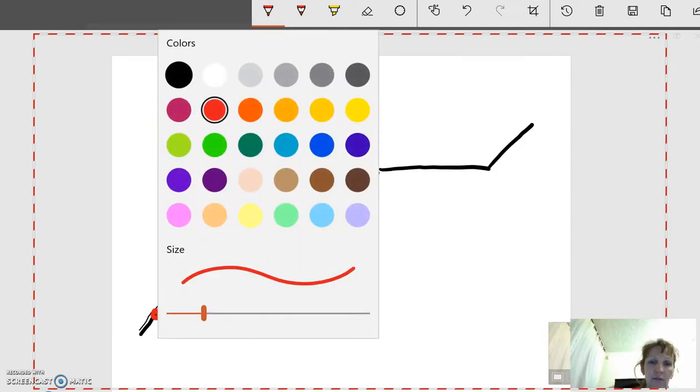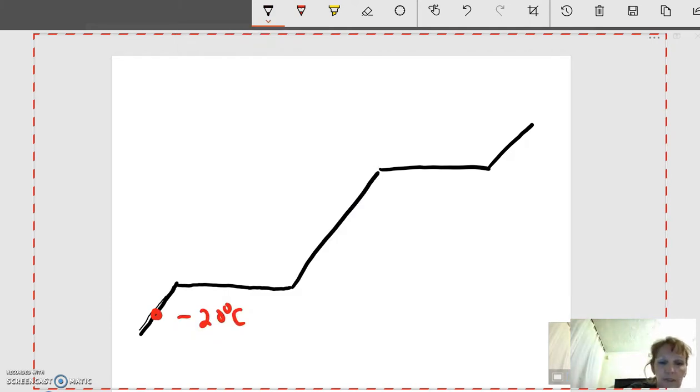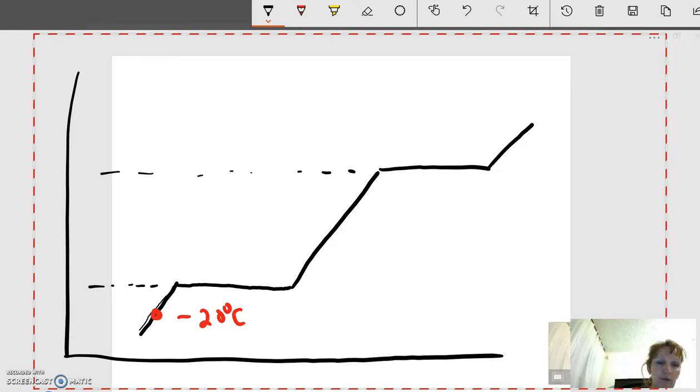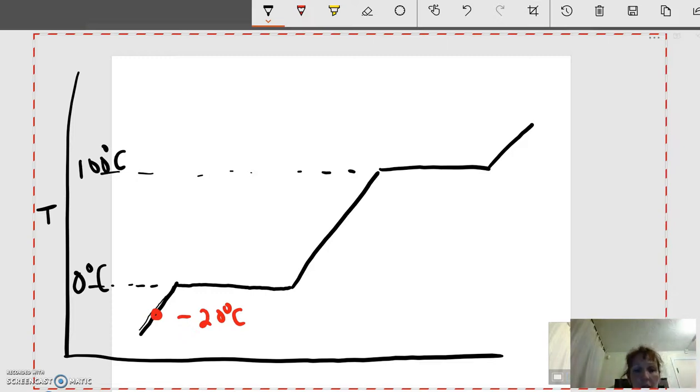Well, you need to really know what is happening on the heating graph of water. And on the y-axis, you have temperature. Some very important things happen at 0 degrees Celsius and 100 degrees Celsius, called the normal freezing point and the normal boiling point of water.